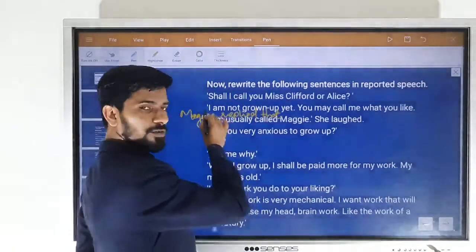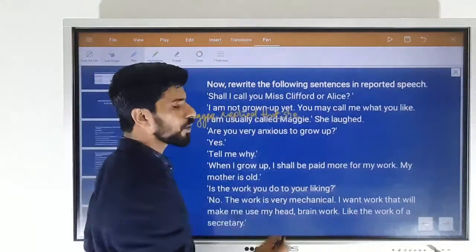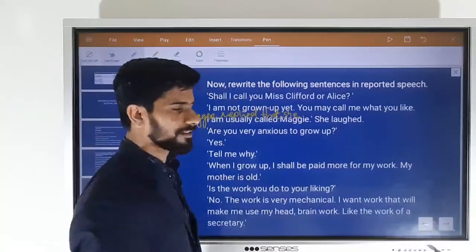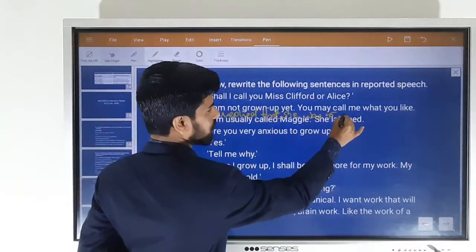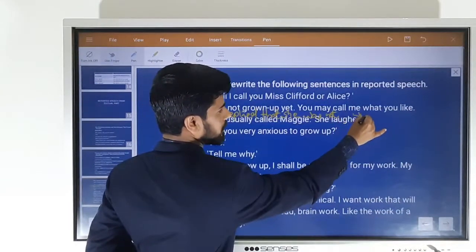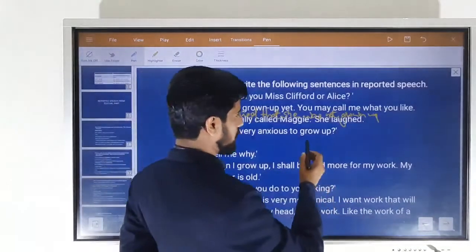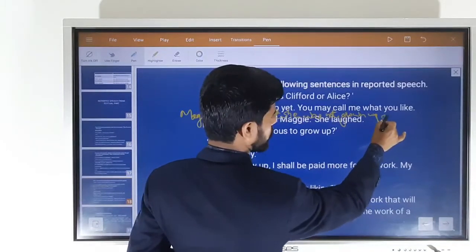Replied that. Instead of I, you can write she. Am not grown up yet. Am is the present tense, right? Then you can write she was not grown up yet.